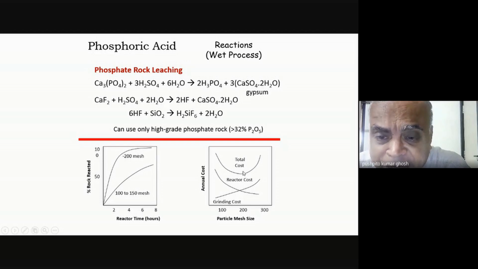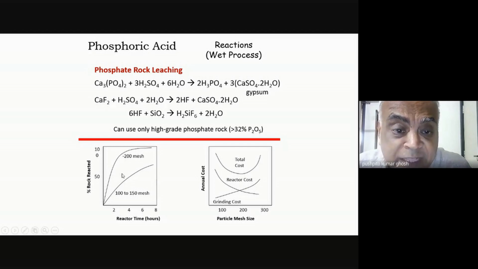And that is what chemical engineers do so beautifully, that they are able to find these minima, which is where I would probably like to operate. And you will not only have a one-dimensional perspective and say that if I have a 200 mesh and my rate of the reaction is much faster, or my completeness of reaction is much faster in time, I'll also have to look at the grinding cost.